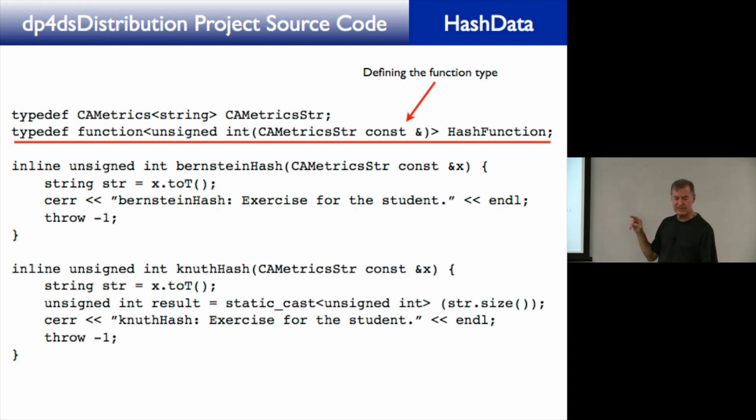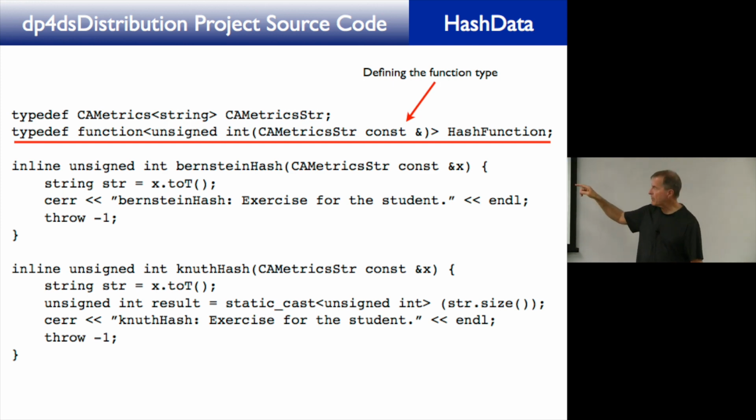Now this is defining the function type. This is setting up a type. This is the typedef feature. In the same way that typedef of a string is a capitalized string type, this defines a function type. Are you with me? Does everybody see that?